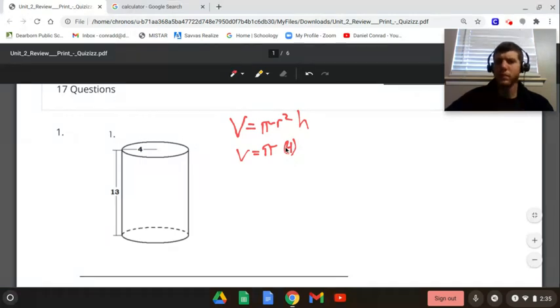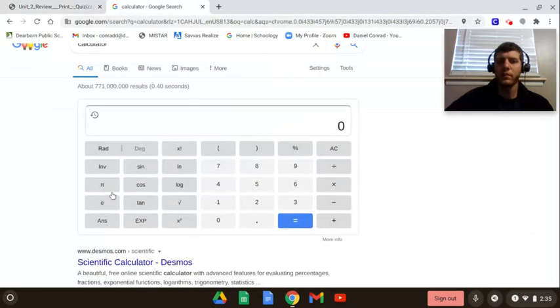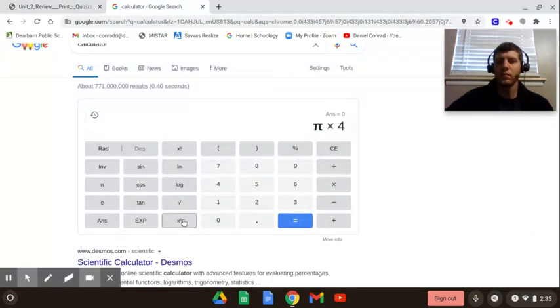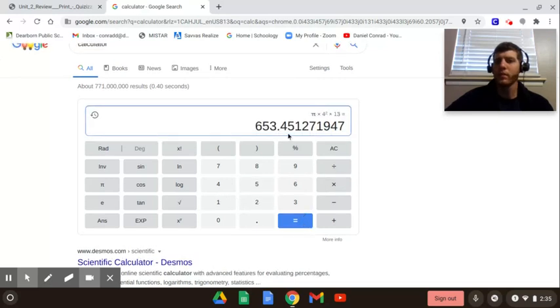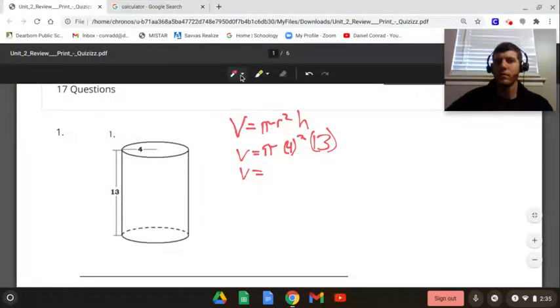So that's going to be 13, so pi times 4 squared times 13. All right, and we put that in our calculator here, so we would have pi times 4 squared times 13, and that's going to give us about 653.45.